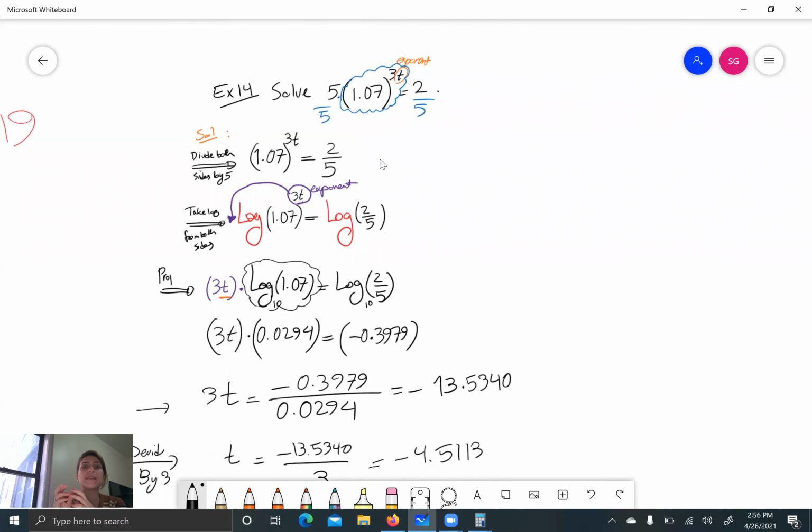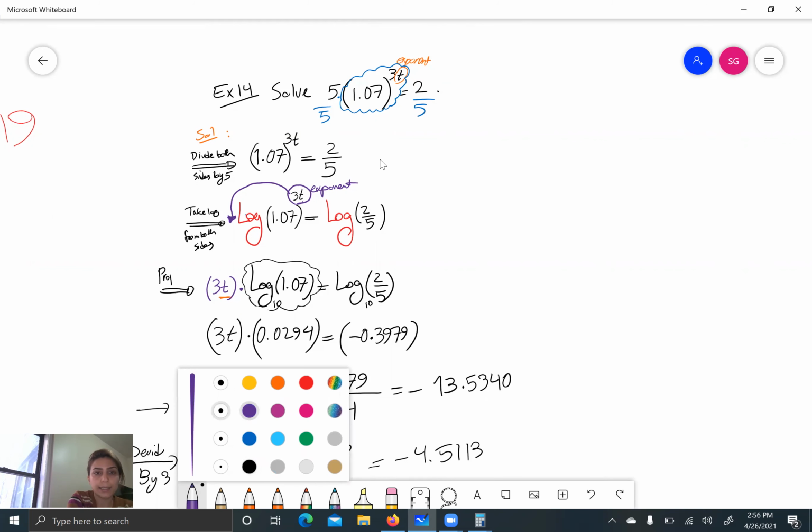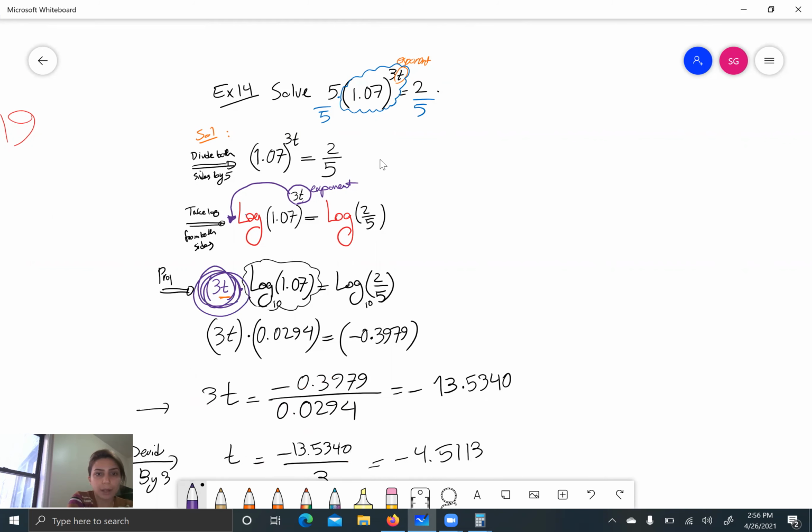Then we used the property of the logarithmic function that if you have an exponent in the input of the logarithmic function, it can come and sit in front of the log function as a multiplier. And then the rest was just using the calculator to evaluate the logs. And oh, by the way, did I say to take the log? Oh, I forgot one step.